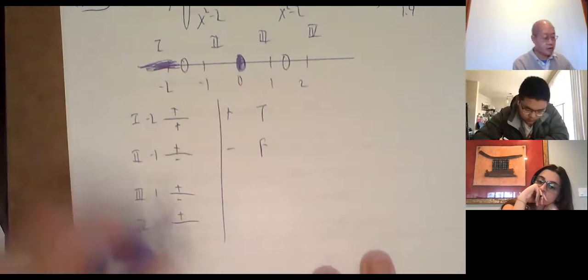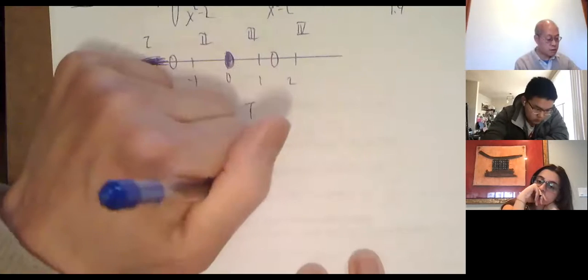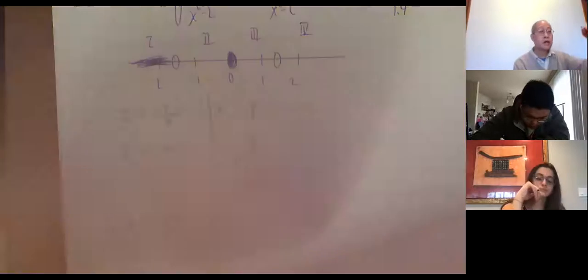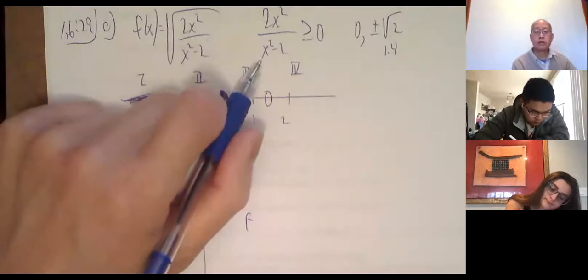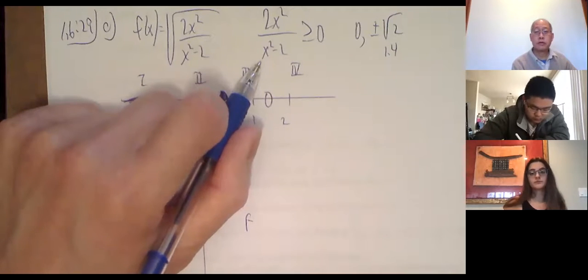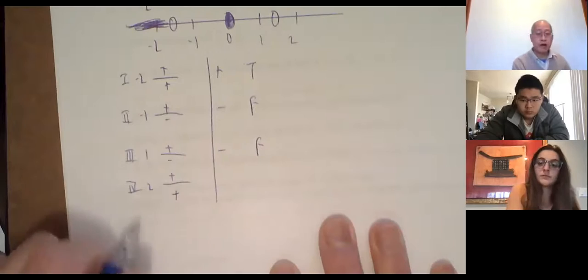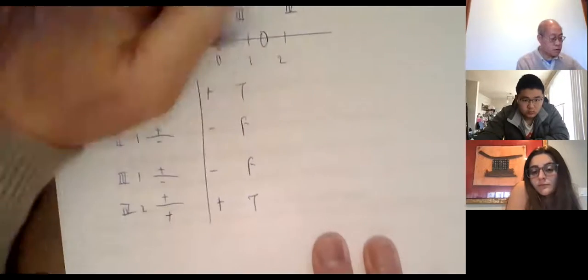Positive divided by negative is negative. That's false. Don't shade in region 3. And region 4, plug in 2. 2 squared is 4. 4 minus 2 is 2, positive. Positive divided by positive is positive. Positive greater than or equal to 0, true.